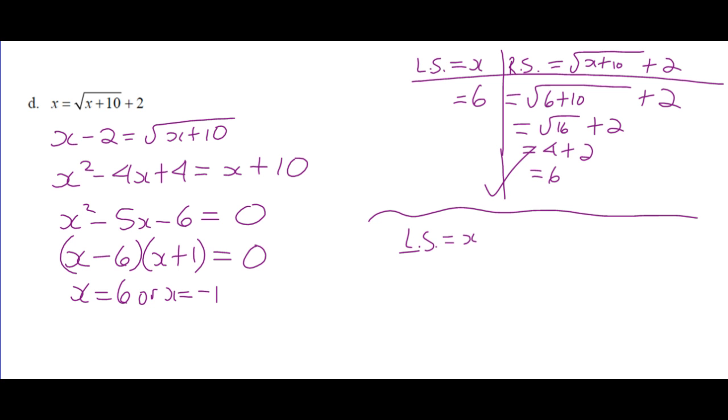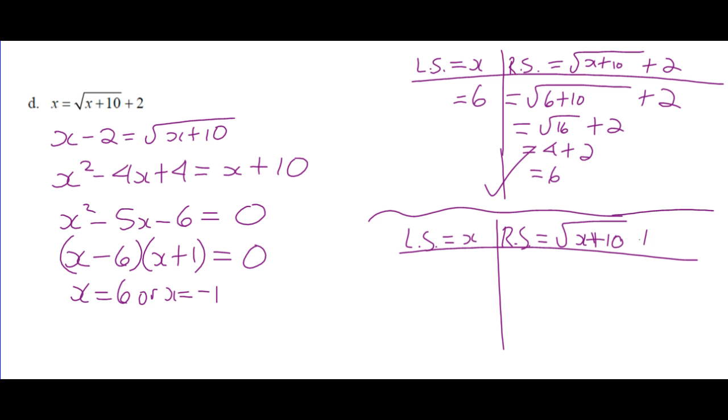Left side is equal to x. The right side is equal to the square root of x plus 10. Okay, when you're writing the radical sign, you have to be careful that you extend it over the 2. You don't do that, you're going to lose little half marks, right?